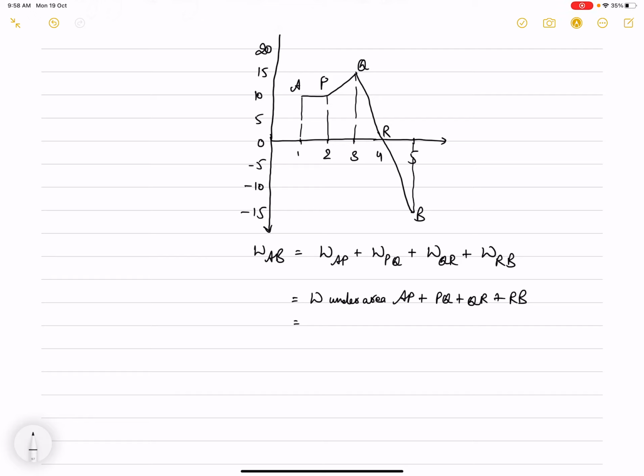Now how do we calculate the area? First is the rectangle itself, AP12.